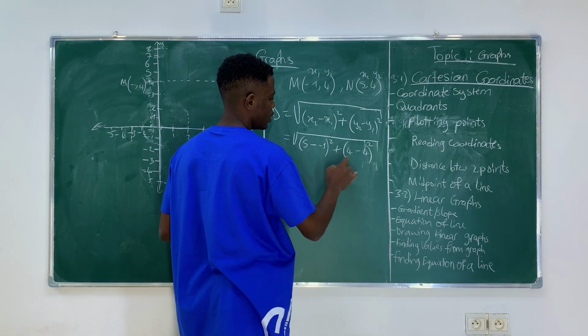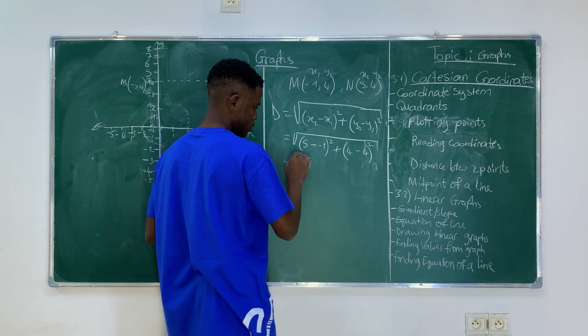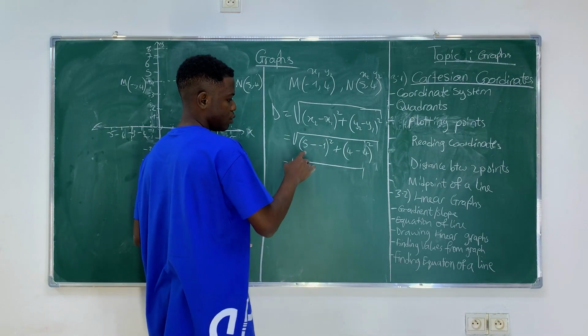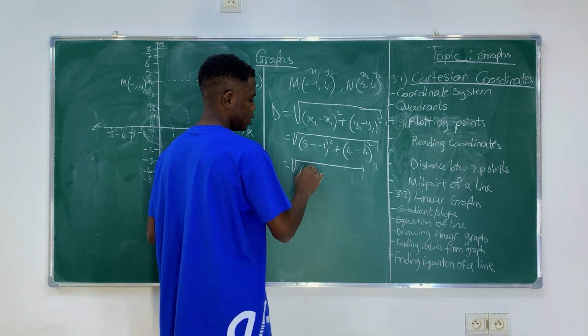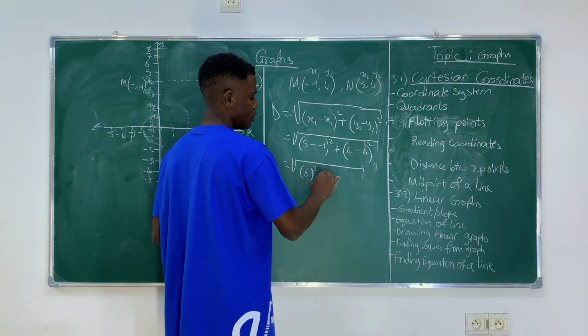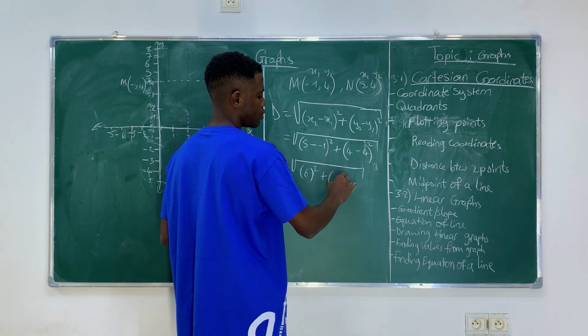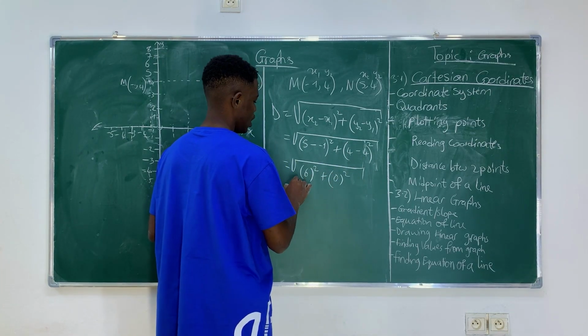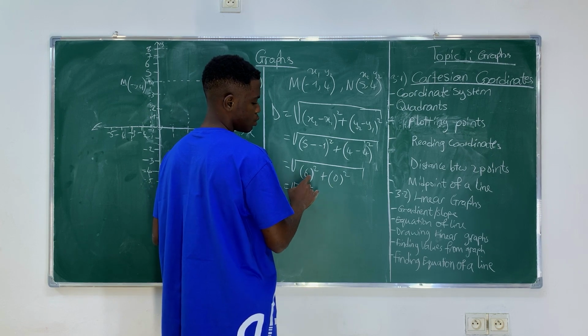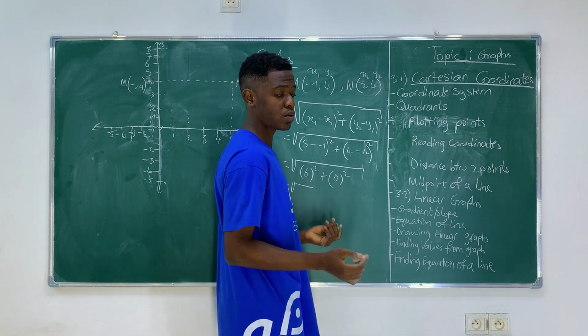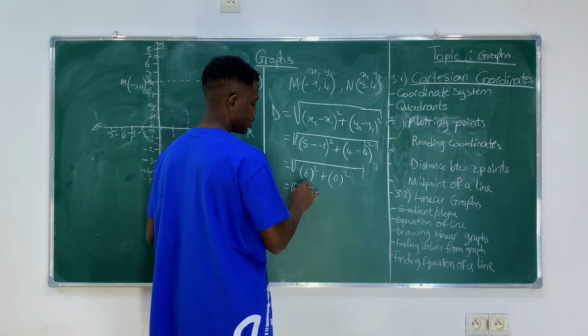This one squared is going to be 0. So what is 5 minus -1? 6 squared, plus 4 minus 4, which is 0 squared. So we have the square root of just 6 squared, because 0 squared is 0. What is 6 squared? 36.